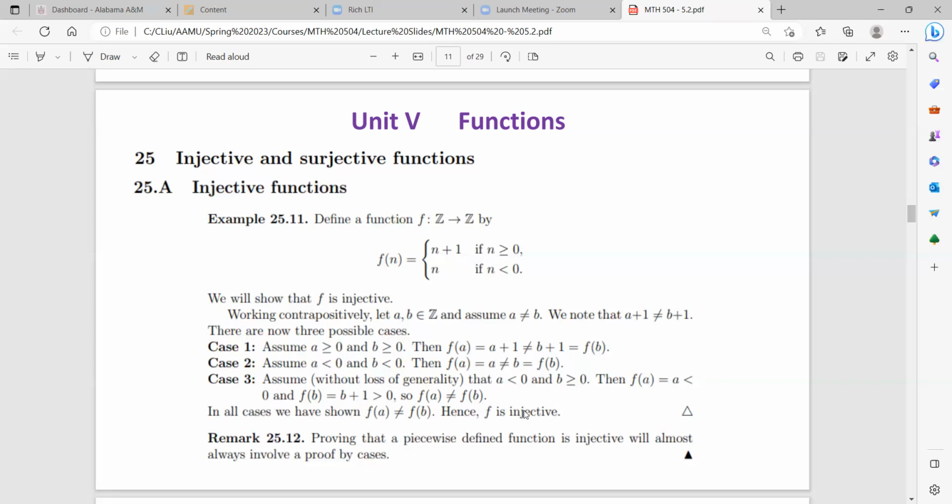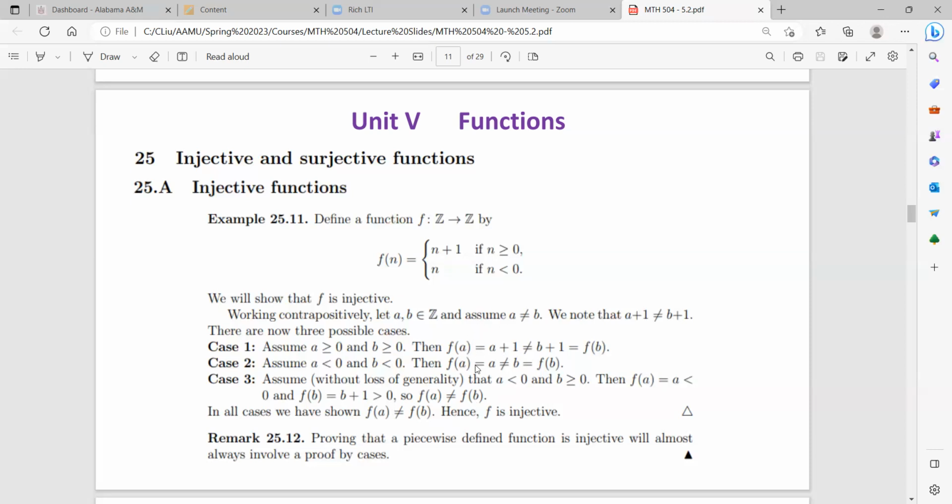That's obvious because A is negative. That's how we started. And B is not negative, so B plus 1 will be positive. So A is negative and B plus 1 is positive, so they cannot be equal. So once again, f of A not equal to f of B.